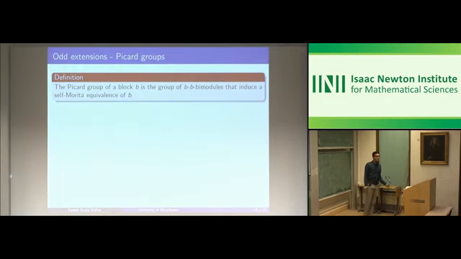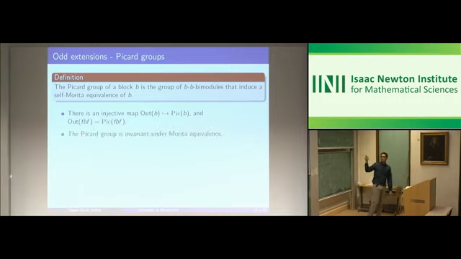Now, if you've never heard what the Picard group is, it's not actually super important, but the Picard group of a block is the group of bimodules that induce a self-Morita equivalence of the block. What's important is that there's always an injective map between the outer automorphism group of the block and the Picard group, and it is a Morita invariant; in particular, this map is the identity, I think, when the algebra is basic.